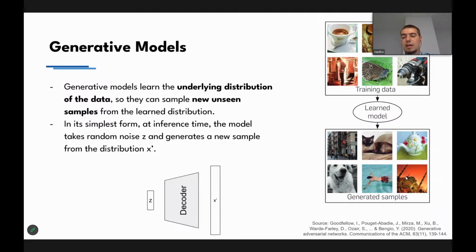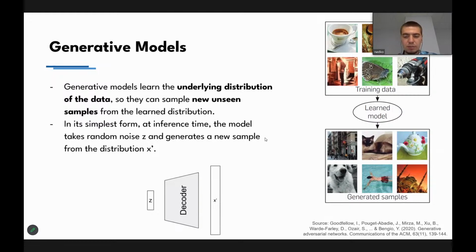And afterwards, you will be able to give a random noise vector. And this random noise vector, the decoder can map to a new unseen image, unseen in the training set, unseen anywhere, that is going to be realistic. It's going to follow the distribution of the training data.